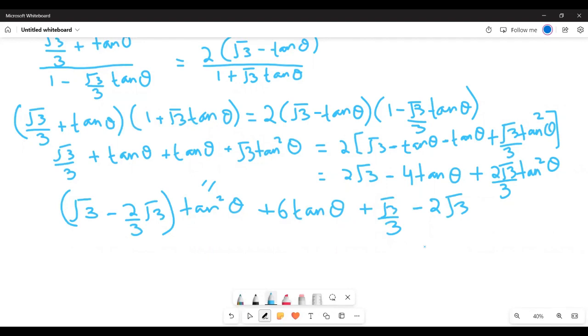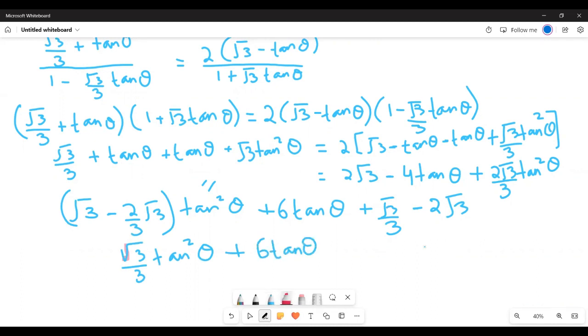Okay. So I'm going to simplify this in my calculator. Square root of 3 minus 2 by 3 times square root of 3. That is square root of 3 upon 3, tan square theta plus 6 tan theta.